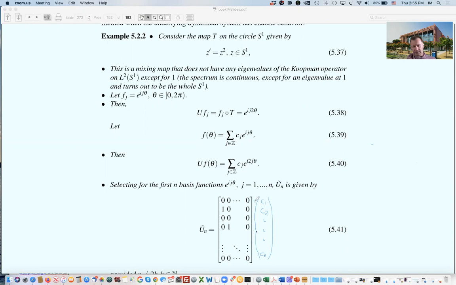So that would give me a vector that begins with 0 in front of e to the i theta, and then c1 is the coefficient in front of e to the i 2 theta, and now we go 0 in front of e to the i 3 theta, and then c2, and so on.